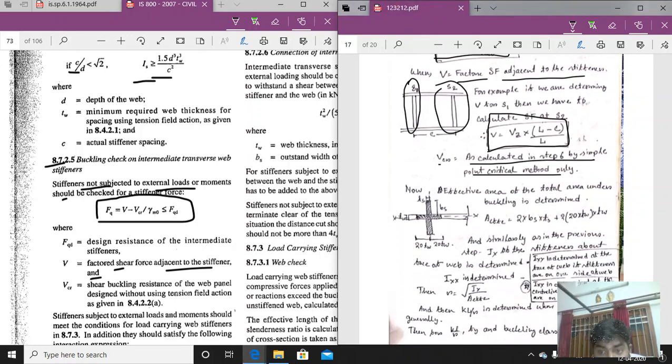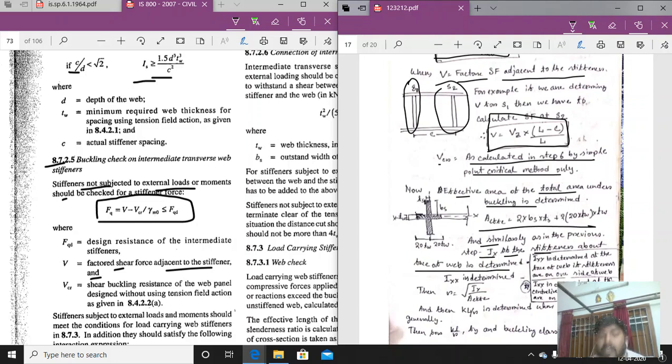Then similarly, the effective area under buckling is determined from the similar formula here. This is the effective area that will act as a column, which we have to determine from that.